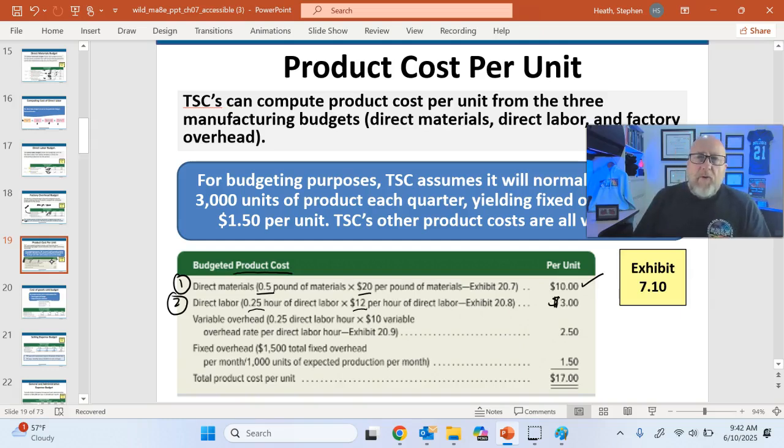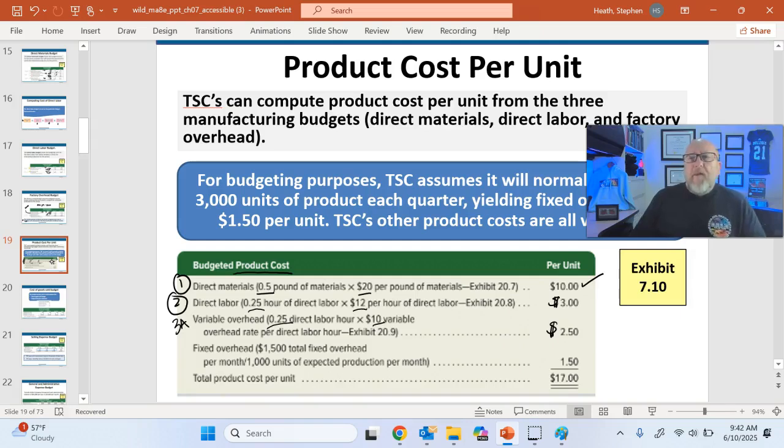Then we would do variable overhead, and I can call that 3A. Again, we said we were going to allocate overhead based on direct labor hours, a quarter of an hour per product. The variable manufacturing overhead allocation rate is $10, and therefore each unit is going to get $2.50 of variable overhead allocated to it.